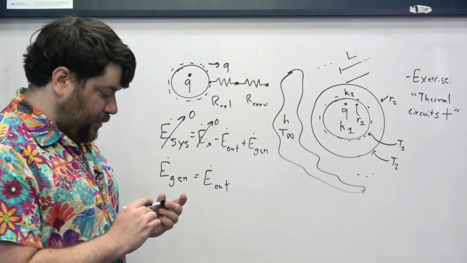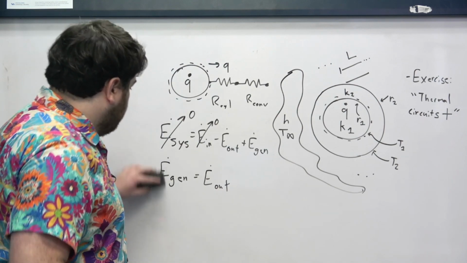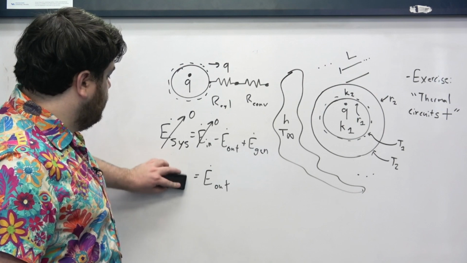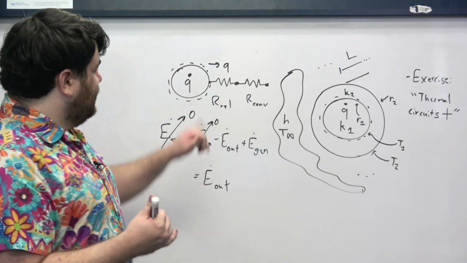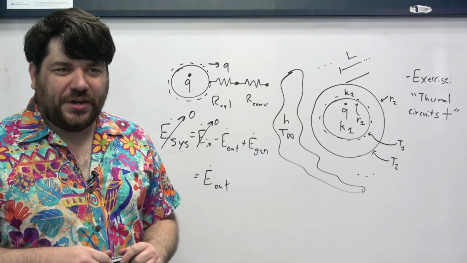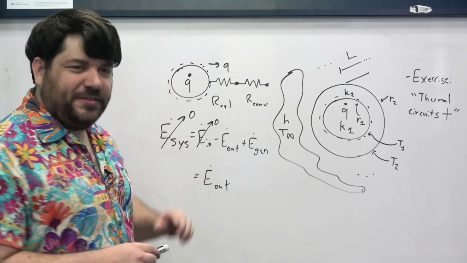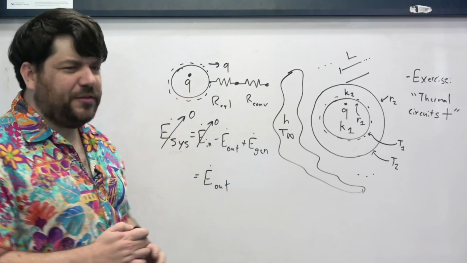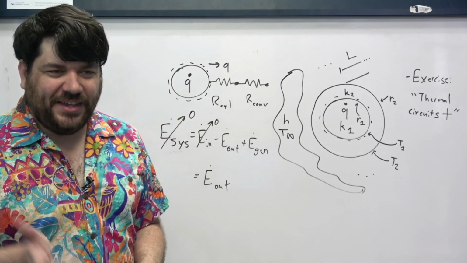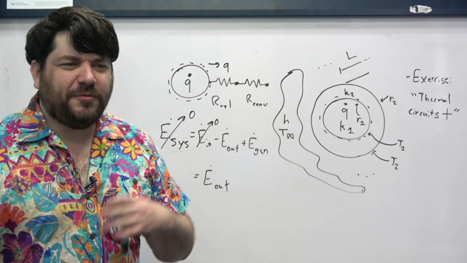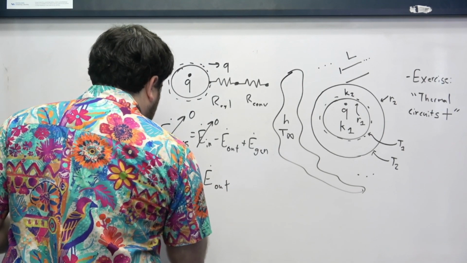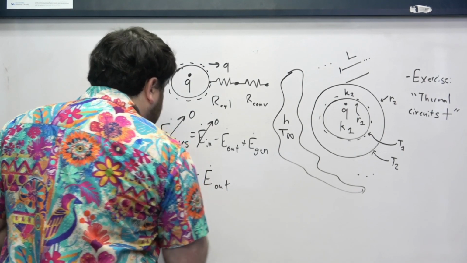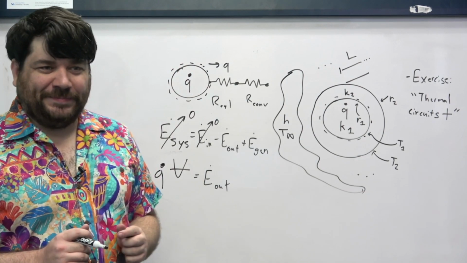And if this is the case, what is E dot gen? Well, this was a volume integral of the volumetric thermal energy generation rate inside of this cylinder. But if we assume that this Q dot is uniform, that it's the same everywhere inside of the cylinder, we can replace the integral with a multiplication, where this is just Q dot times the volume of this cylinder.